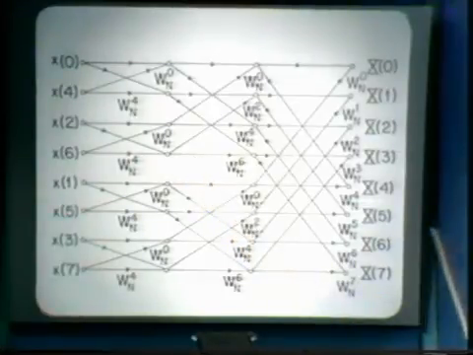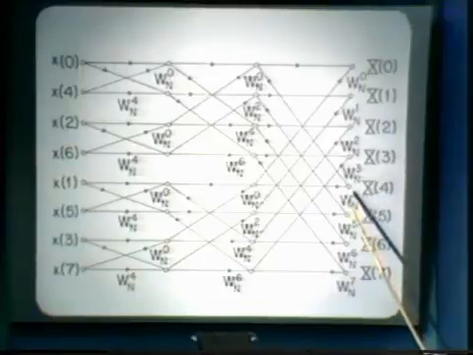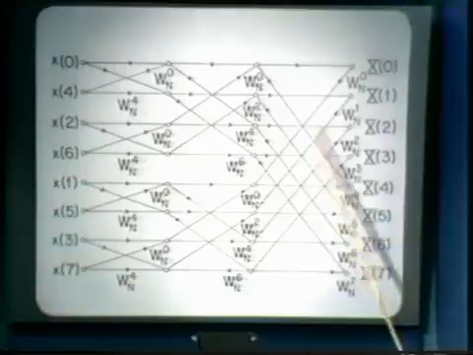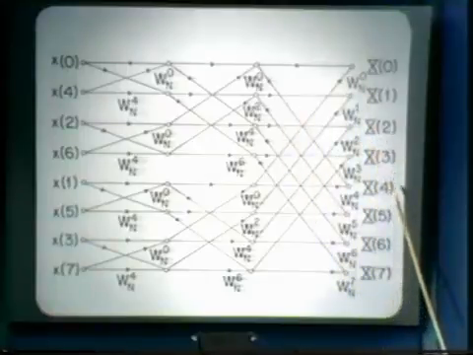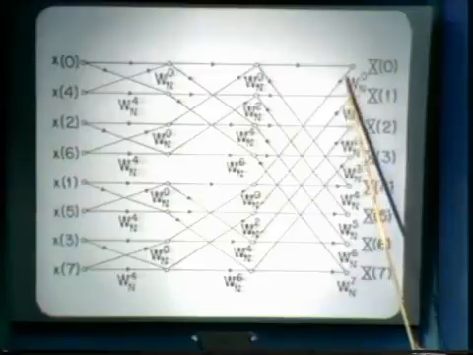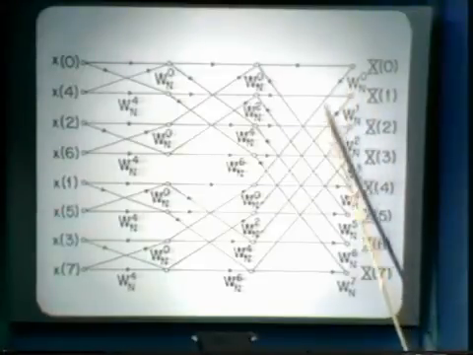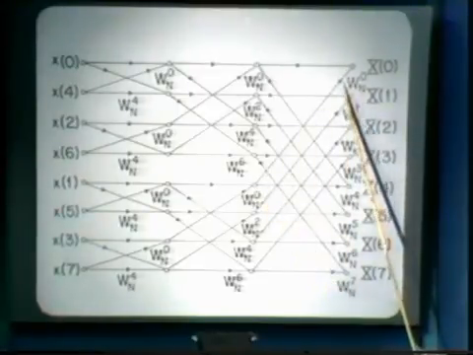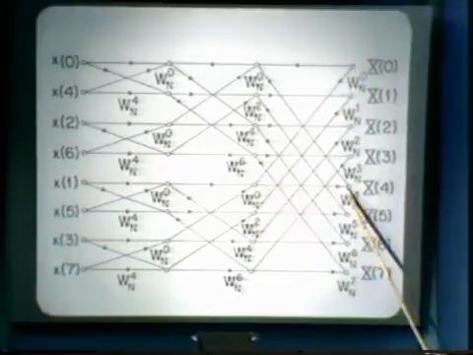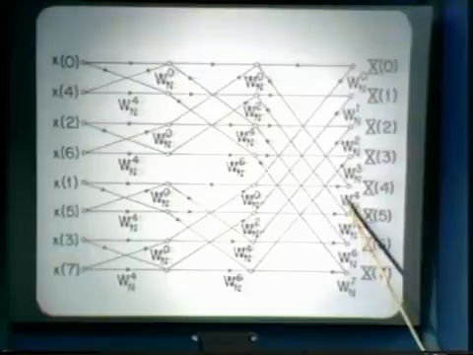And you should notice, and it's rather straightforward to verify why this is true, that in each of these butterflies, the separation in powers of W between the factor going to the top node at the end of the butterfly and the factor going to the bottom node in the butterfly, they are always separated by N/2.